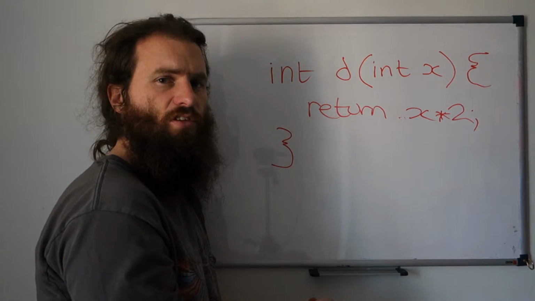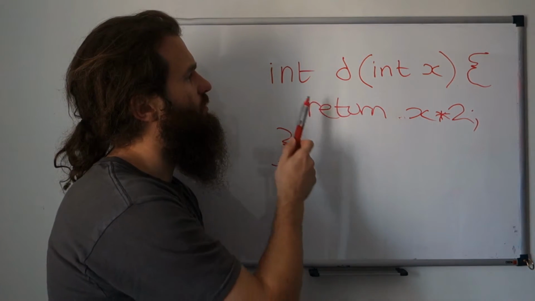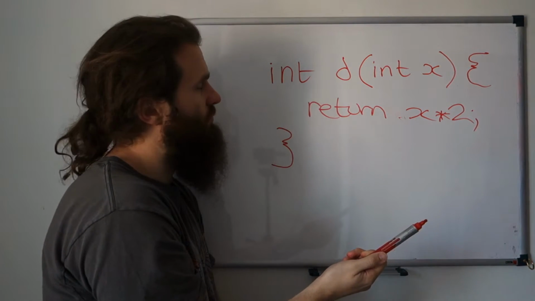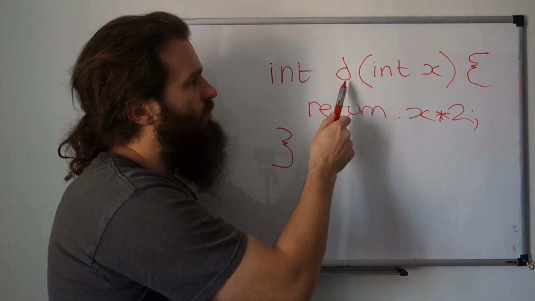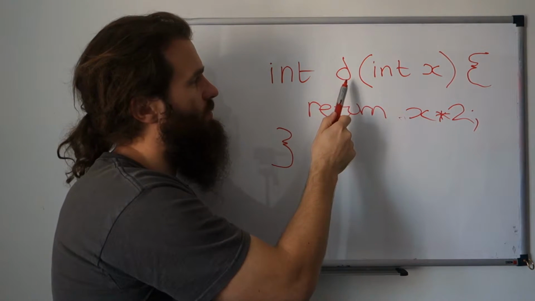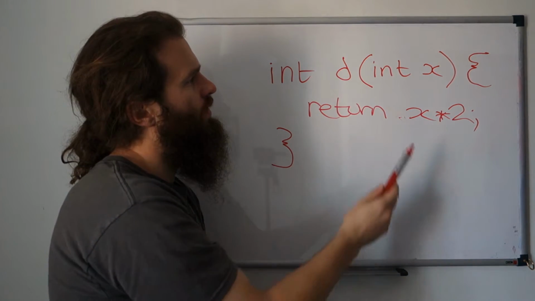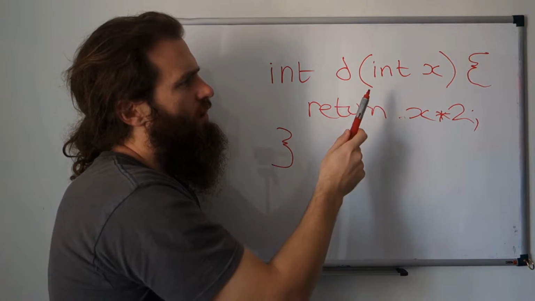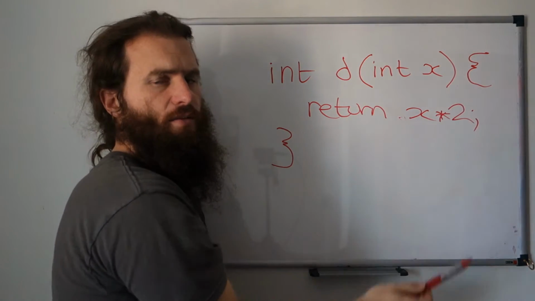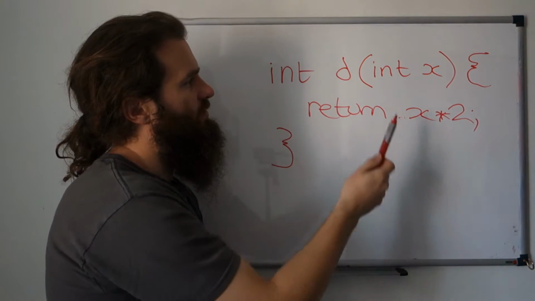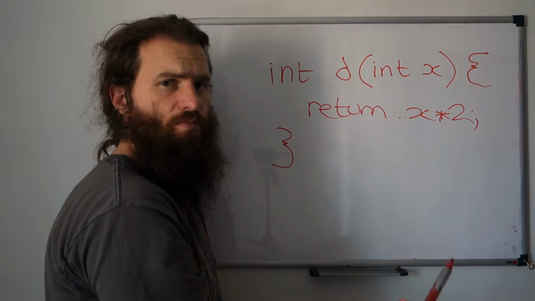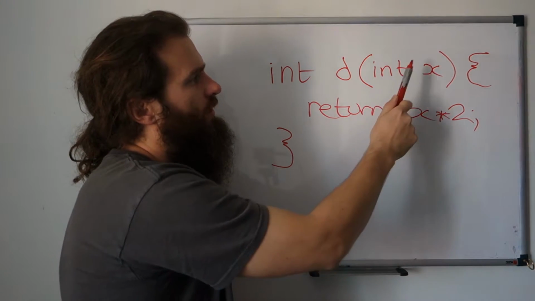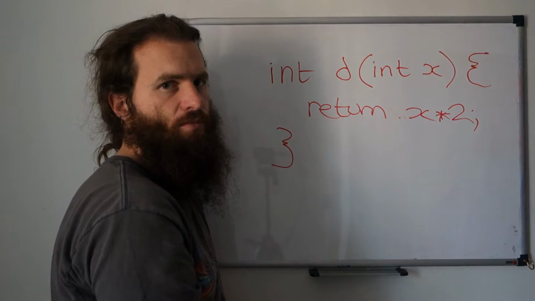And the way functions are defined in C is as follows. We write the return type, so we're returning an int, then we write the function name, the name in this case is d, we then write an open bracket and a closed bracket, and within the brackets are a list of arguments. Each argument is written with its type and then a name for that argument.